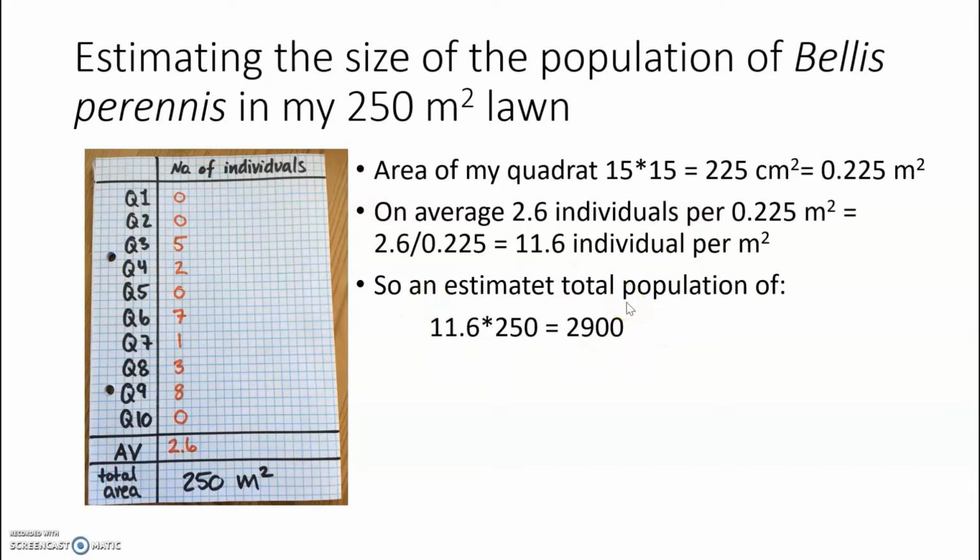I probably wouldn't get the exact same number if I went outside and actually calculated each and every one of them. But depending on how many quadrats you toss, you could get a pretty good estimate. The higher the number of quadrats that you toss, the closer your estimate would be to the actual number. So that's a trade-off between how much time you spend and how accurate your results will be.